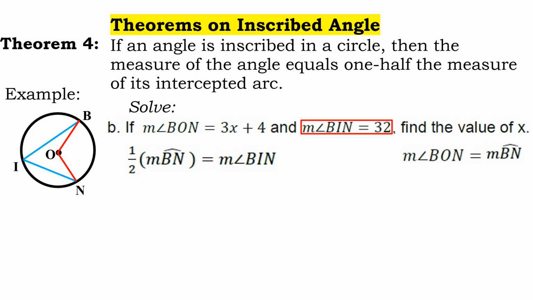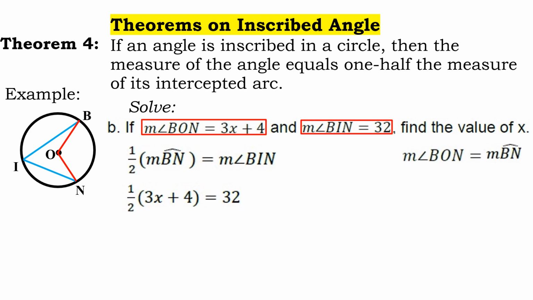So, their relationship is that they are equal. The measurement of angle BON is 3x plus 4. Since its intercepted arc is arc BN and their measurements are equal, the measure of arc BN is also 3x plus 4. So, 1/2 of 3x plus 4 is equal to 32.